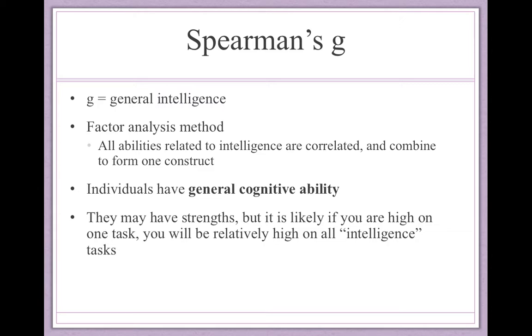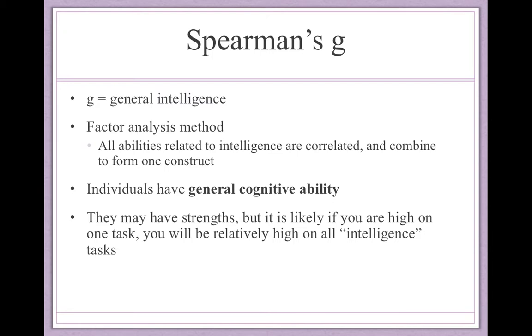So all of these abilities together in your skills form your general cognitive ability. And your general cognitive ability, vice versa, influences how good you are at these skills. So you might have strengths and weaknesses in certain skills and abilities, but if you are better at one thing, you're probably going to be better at another.